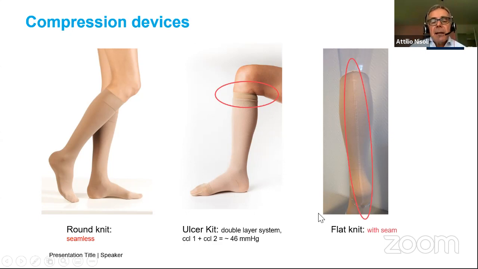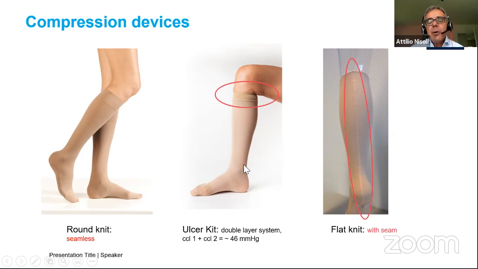Then we have an ulcer kit. And I was mentioning this before, the double layer system where we apply compression class 1 on top of the wound dressing if there is an open wound with an active ulcer, but also with a healed ulcer, we're doing the same.